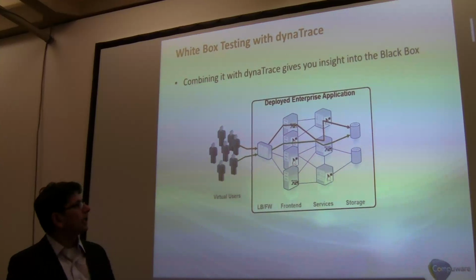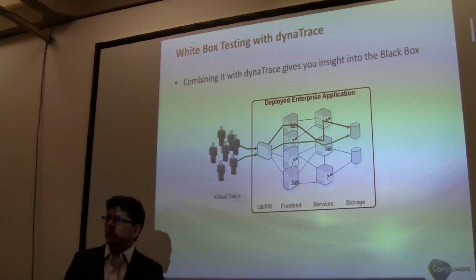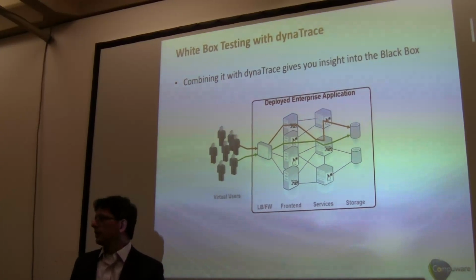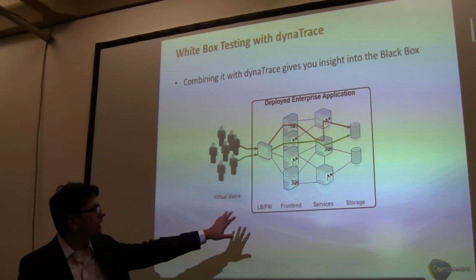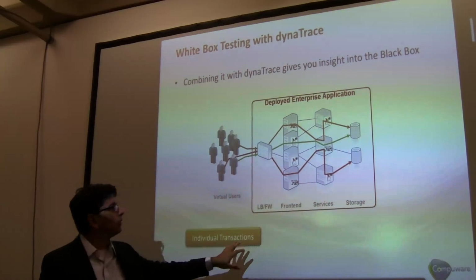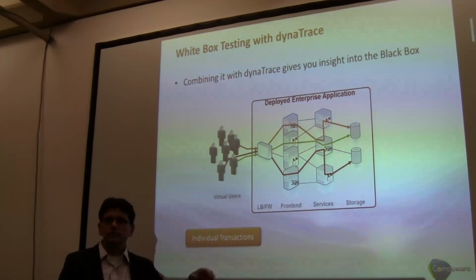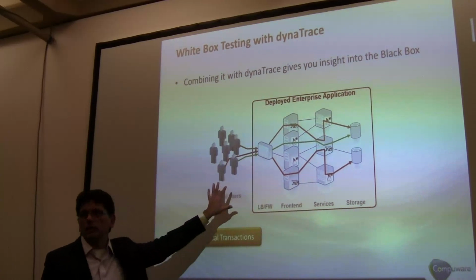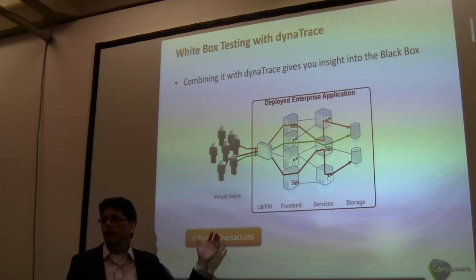You get to see that when I run for a particular set of users, my transaction flows in a different way than if I have a super user or a non-super user. Because we track every transaction, every transaction that your virtual user is hitting the application with, we are capturing that.